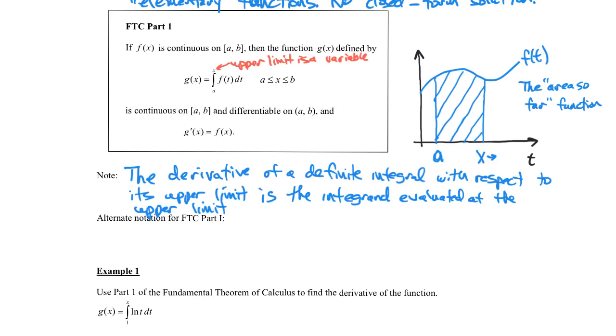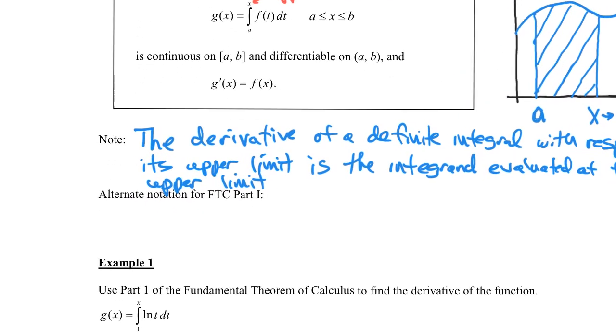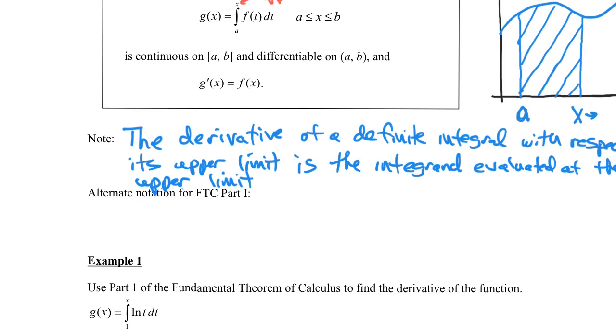And there's an alternate notation here, which is probably a little bit easier to see. So I'm going to write this alternate notation here. If you take the derivative with respect to x of this integral, you get f of x.